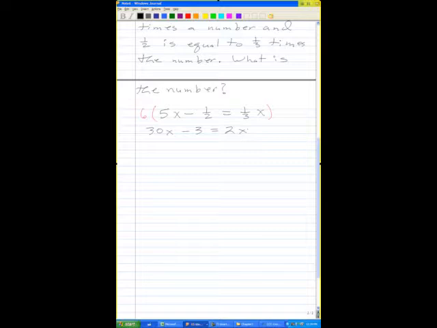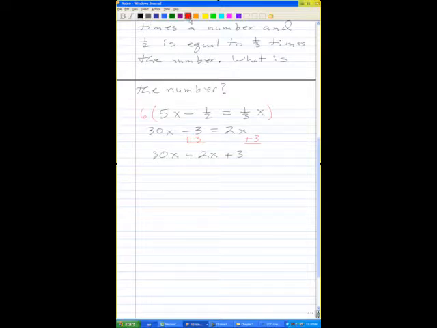Let me do this first. Let me add 3 to both sides of my equation. So 30x is equal to 2x plus 3.